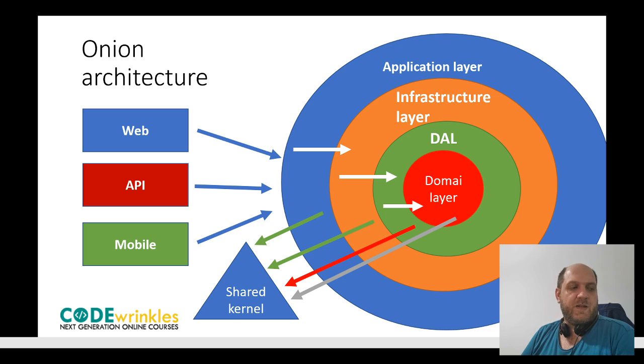Good. Then we have the shared kernel, and this is a very important concept for domain-driven design, because there might be some types of classes or objects that are not domain classes, but that are common throughout the entire application, no matter in which layer we are and no matter in which bounded context we are.